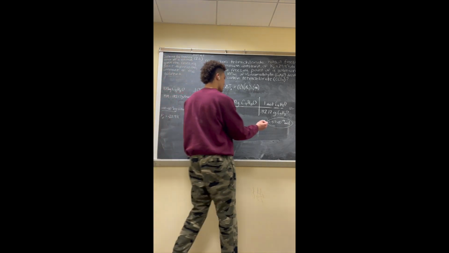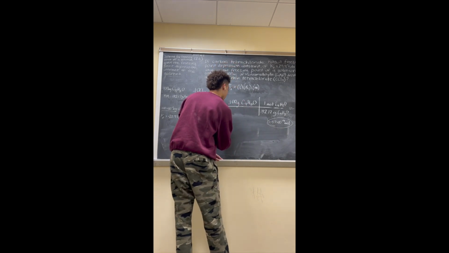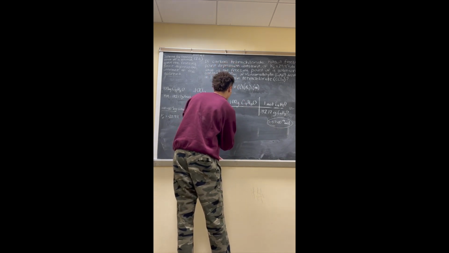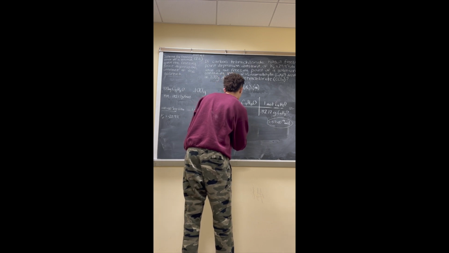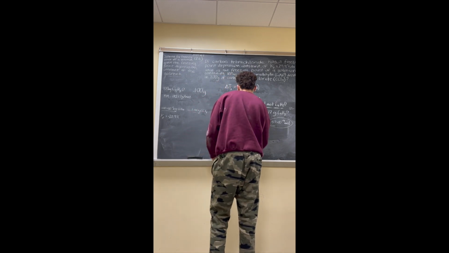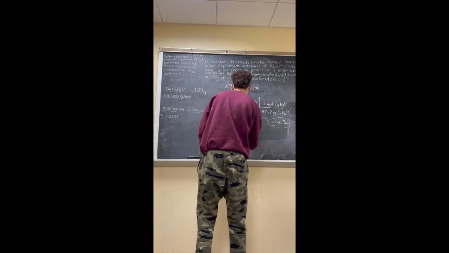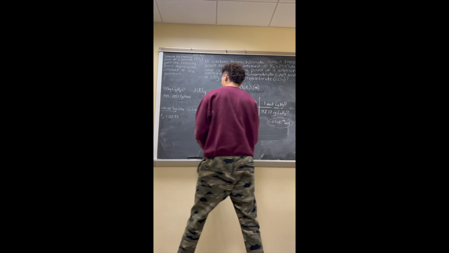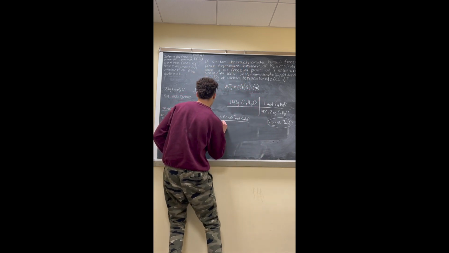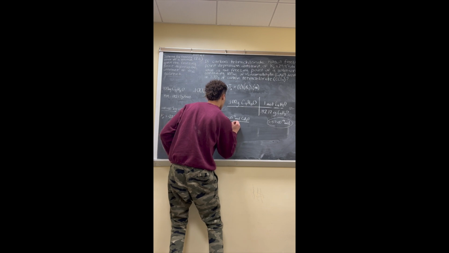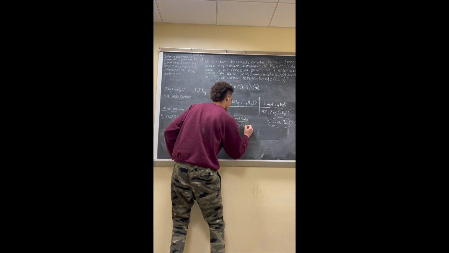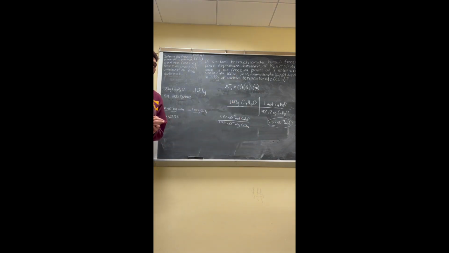So we can simply put 7.57 times 10 to the negative 4 moles of C9H8O cinnamaldehyde dissolved in 1.00 times 10 to the negative 3 kilograms of CCl4, carbon tetrachloride, sorry.